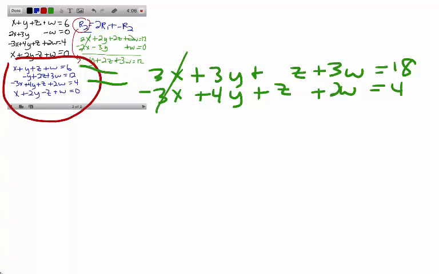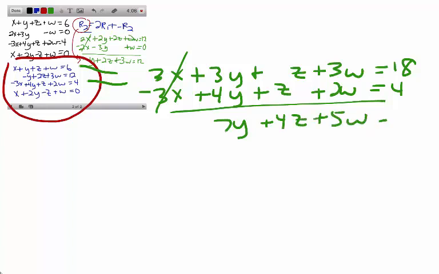So our x's cancel. We're left with 7y plus 4z plus 5w equals 22. And this gets stored in row 3. And let me just write down our step. This was row 3 equals 3 times row 1 plus row 3. So now we'll set up our new system.